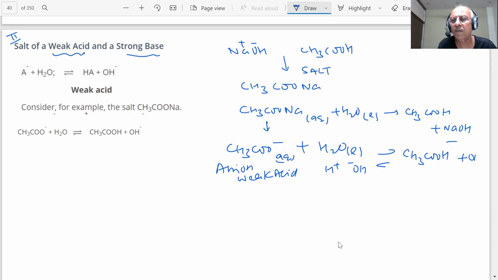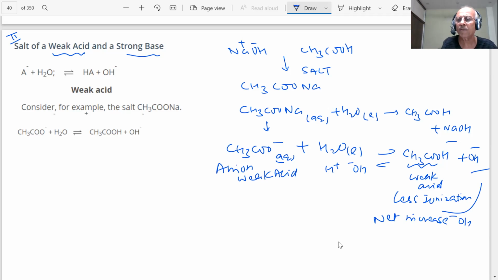OH minus. This is a weak acid. Weak acid means less ionization. Then there will be a net increase in the concentration of OH minus. So the solution will become, student, alkaline.